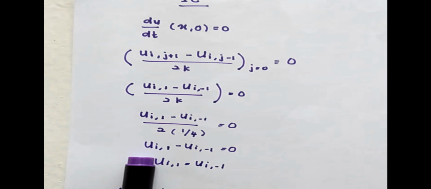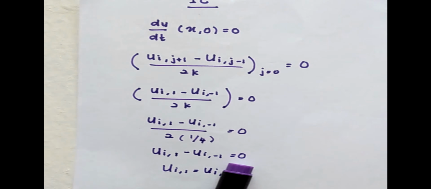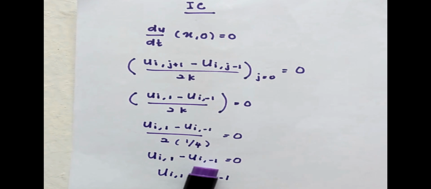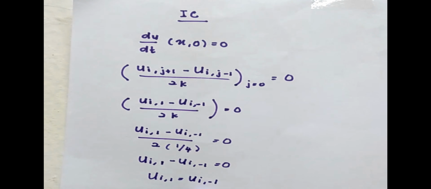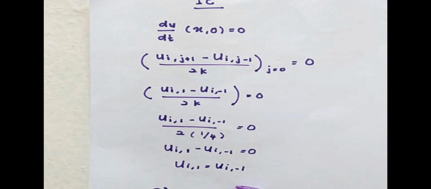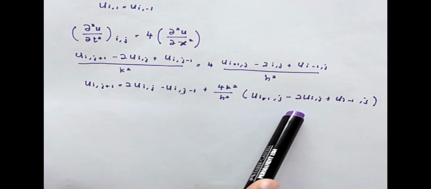K we also substitute with 1 over 4, and then we get u(i,1) minus u(i,-1) equals 0. Because this equation equals 0, we move u(i,-1) to the other side and get u(i,1) equals u(i,-1). So we can find u(i,1) with the value u(i,-1), and vice versa. So this is the general equation to find the unknown values.